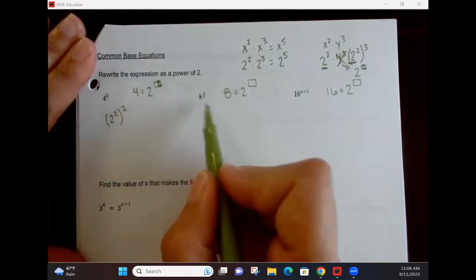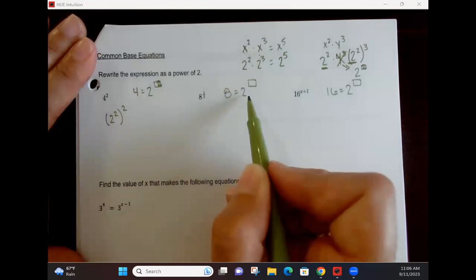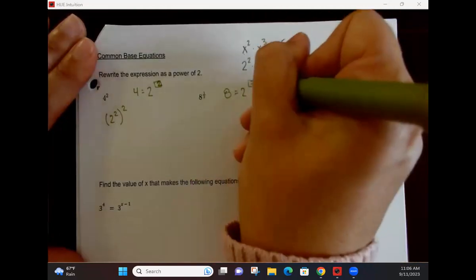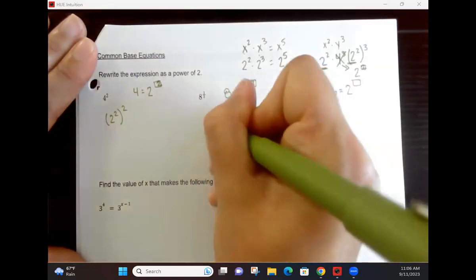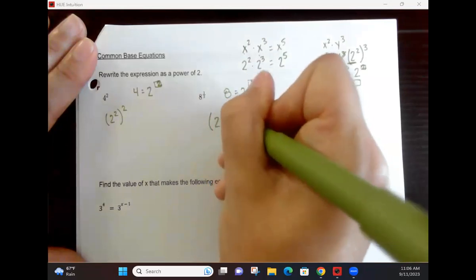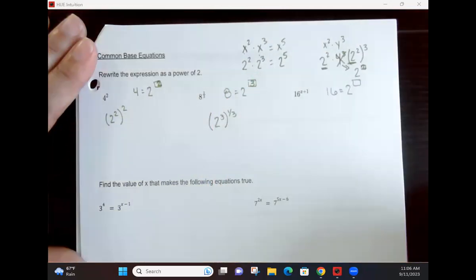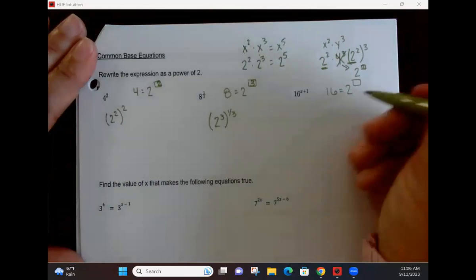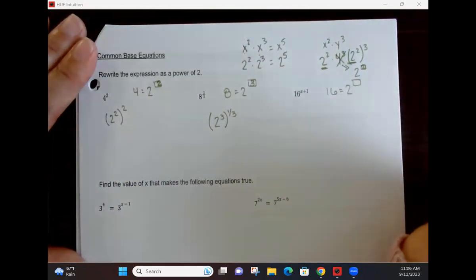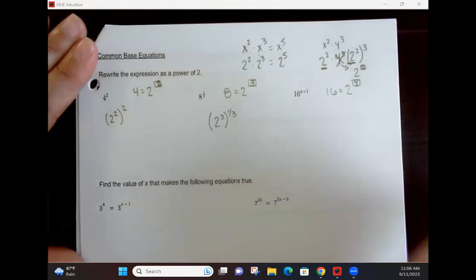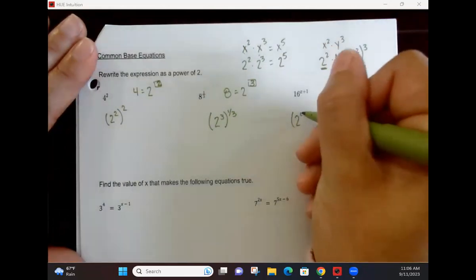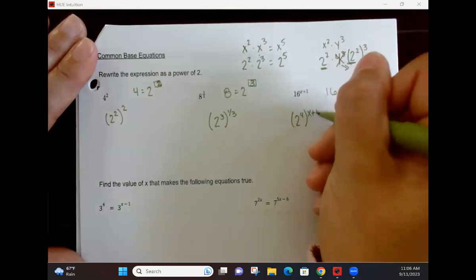And then 8 would be 2 to the what power? 2 to the third. So here I can say I have 2 to the third power to the 1/3 power. And then 16 is 2 to what power? 2 to the fourth. So this is 2 to the fourth, the x plus 1.